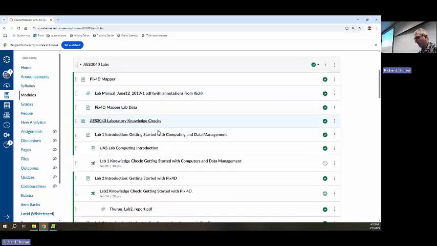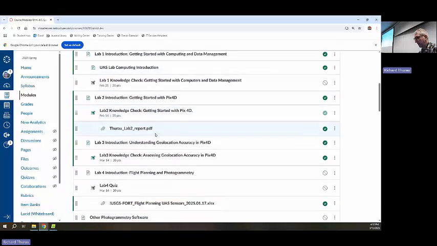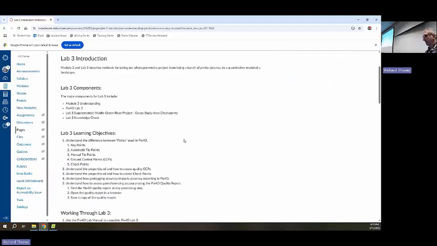So I'm going to start out here by taking a look at the Lab 3 module stuff I put together. And so again, I showed this pretty briefly on Tuesday, but the Lab 3 components, so what are the things we need? A little background understanding of Module 3.